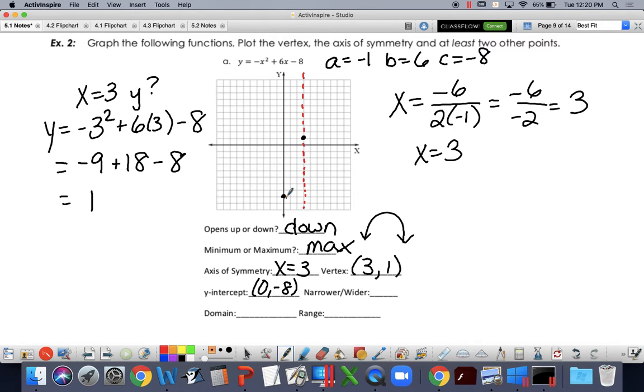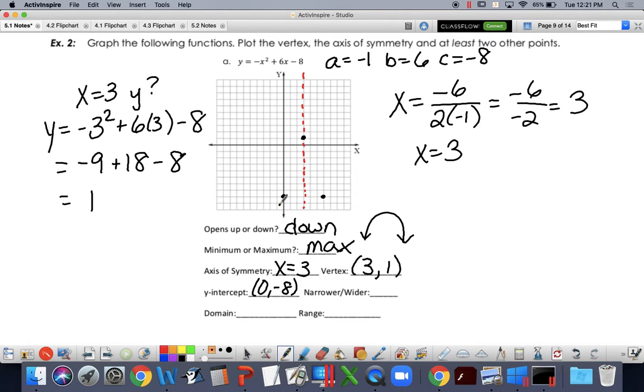In order to graph a parabola, you need 3 points. And the way that we're going to find our third point is because parabolas are symmetric, I'm going to take this point and reflect it across my axis of symmetry. So if this point is 3 units away from my axis of symmetry, I just go 3 units further, and I have my third point.